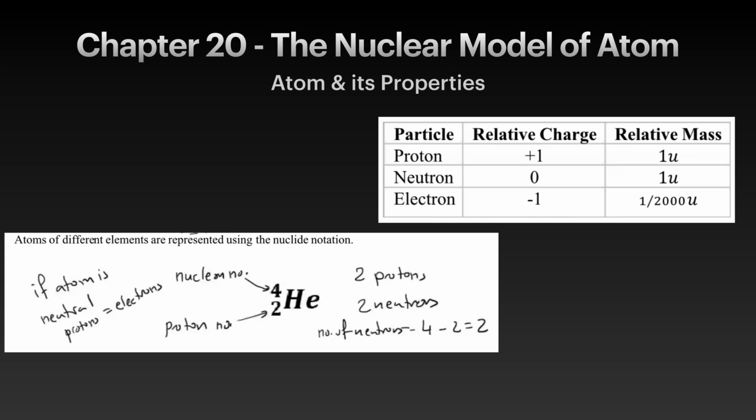The proton number, Z, is written as a subscript on the bottom left. It represents the number of protons in the nucleus, also known as the atomic number. The element symbol, such as H for hydrogen or C for carbon, is written on the right. And as we saw before, the number of neutrons can always be found by subtracting Z from A.